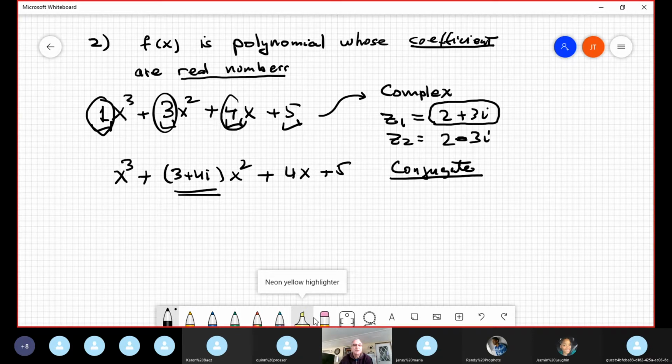Real coefficients, okay, not mandatory, but when this situation happens, with real coefficients, when you get a complex zero, another zero is its conjugate. This is the idea. I promise you will see some examples of this today.